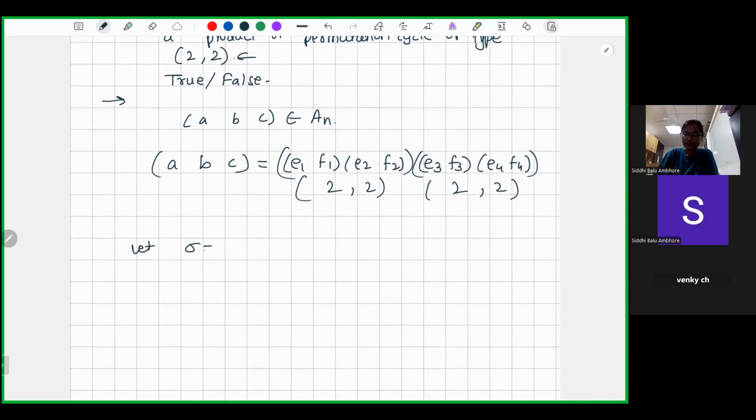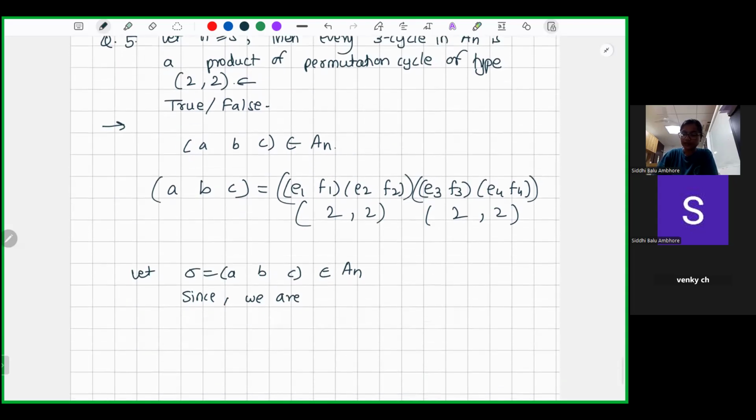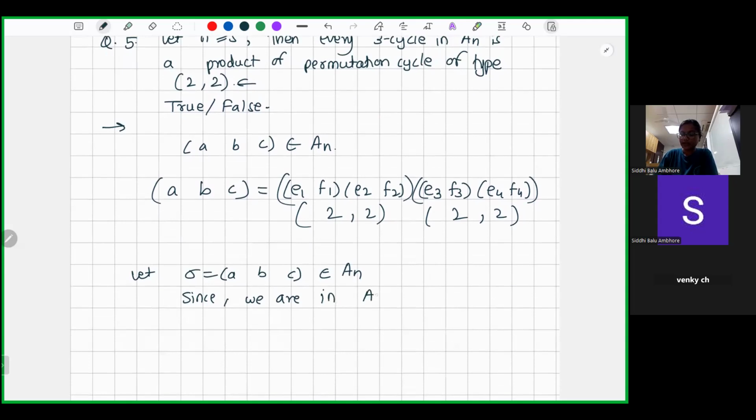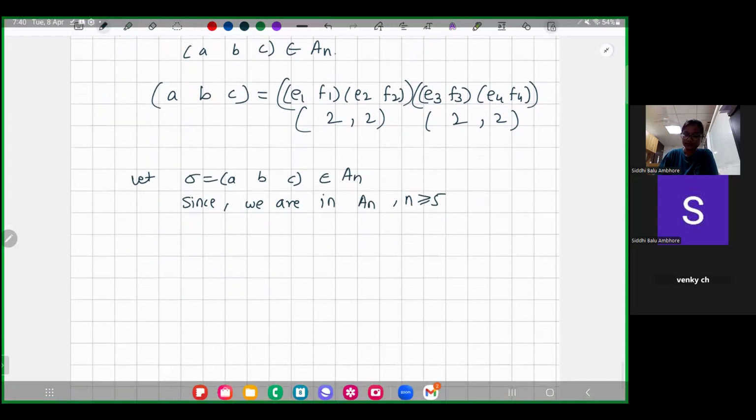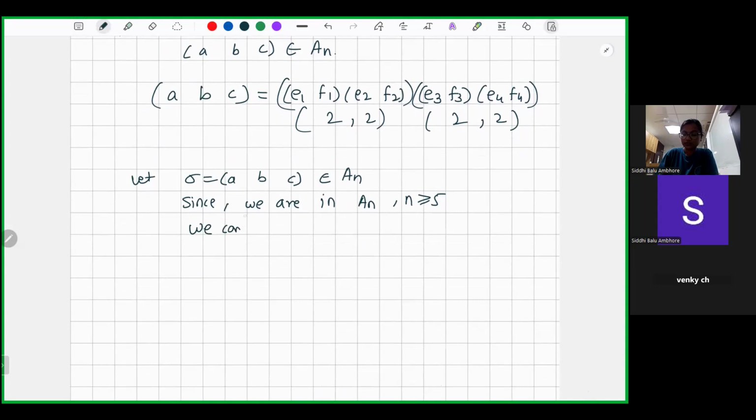So let sigma be some (A B C) in A_n. Since n is greater than or equal to 5, we can choose D and E which are not in this set {A, B, C}.